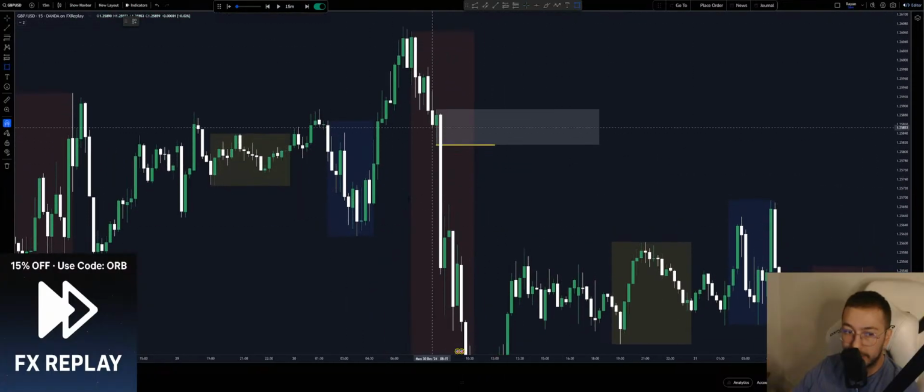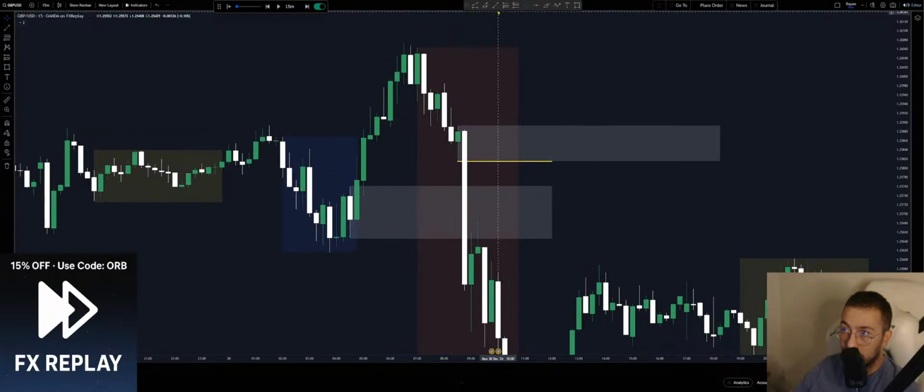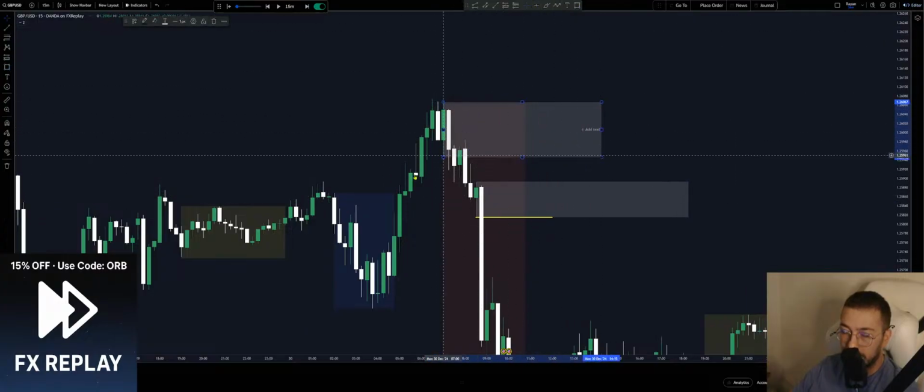See, that is not a valid demand zone because there is no fair value gap. The price did not intersect with any fair value gap, so that is not a valid demand. Same goes here. That is not a valid supply because the price does not intersect with any fair value gap. So we delete that.